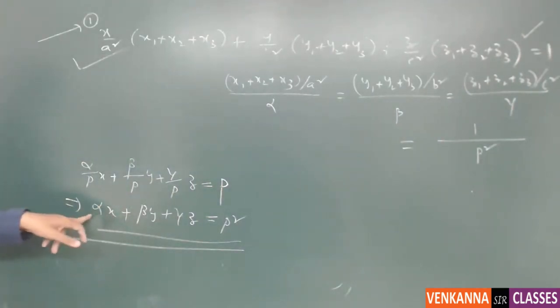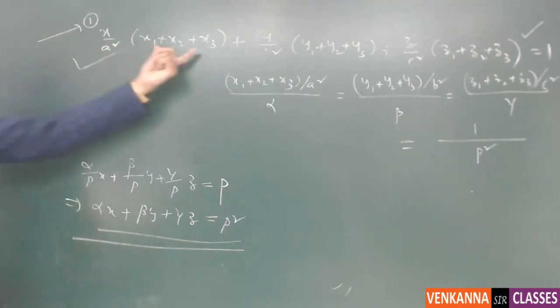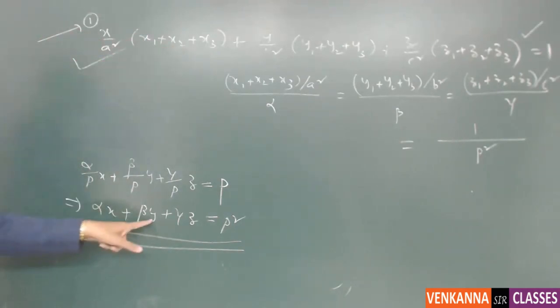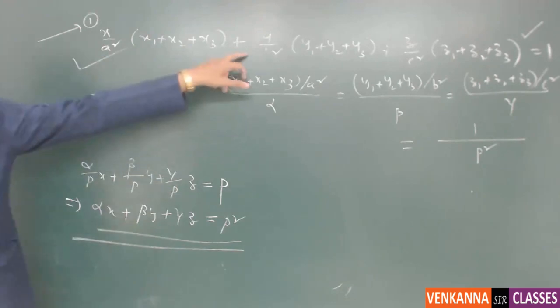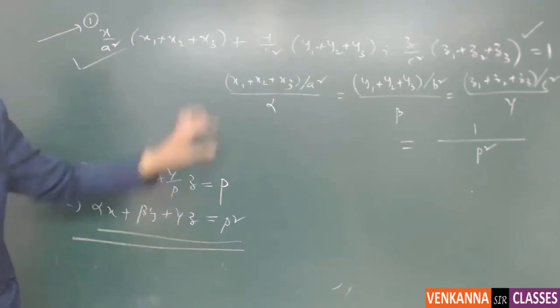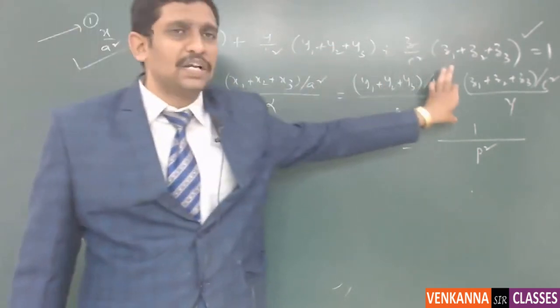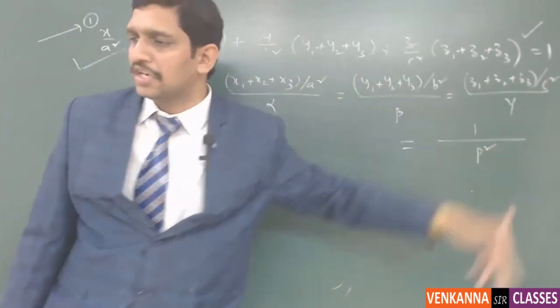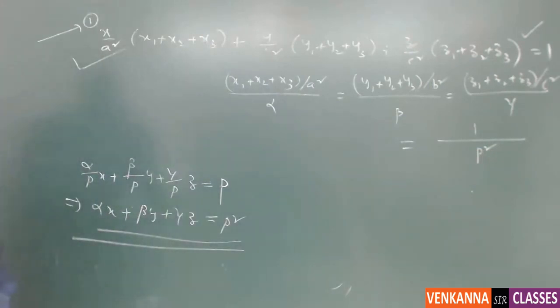Here x coefficient is alpha. Here x coefficient is this value by a square. Here y coefficient is beta. Here y coefficient is y1 plus y2 plus y3 by b square, like that. So I have taken the x coefficient, y coefficient, z coefficient, equal constant by constant. Please take a note of it. So if you simplify these values, we will get the respective thing.